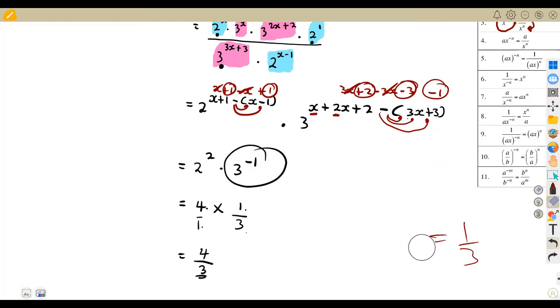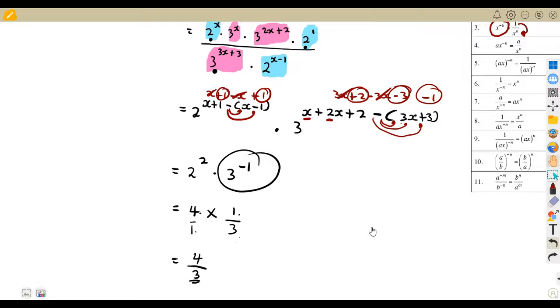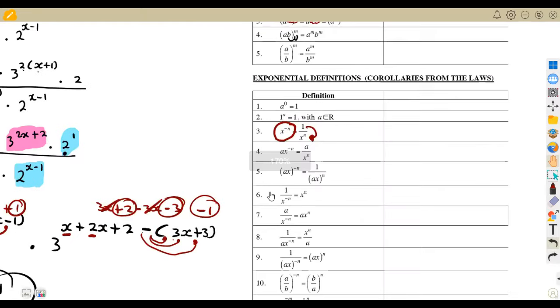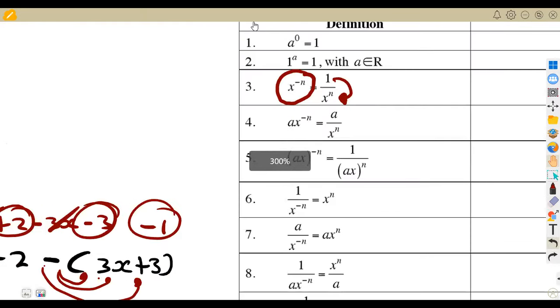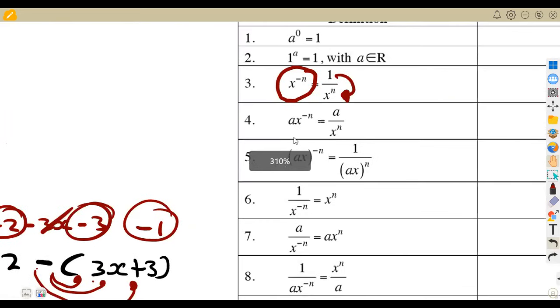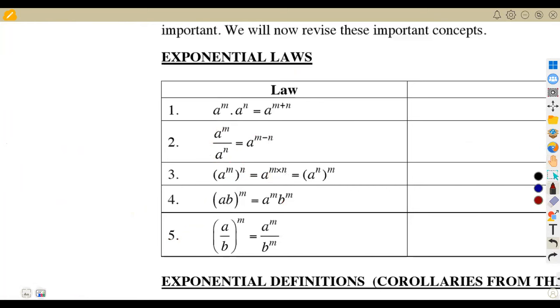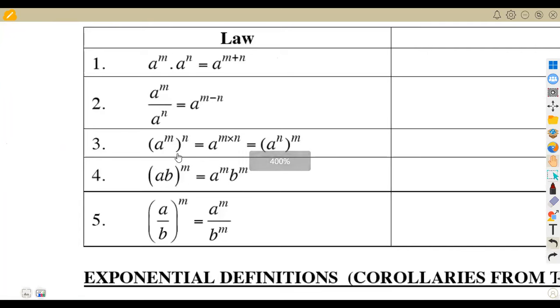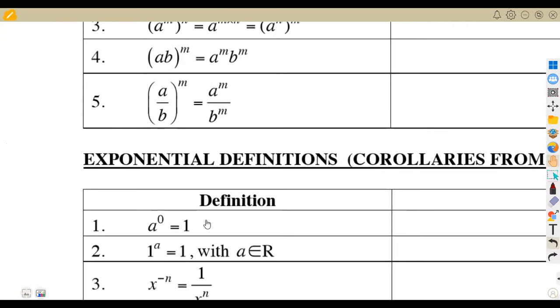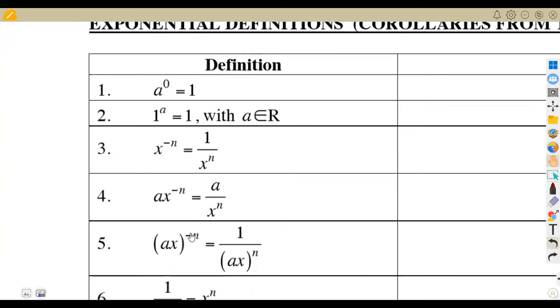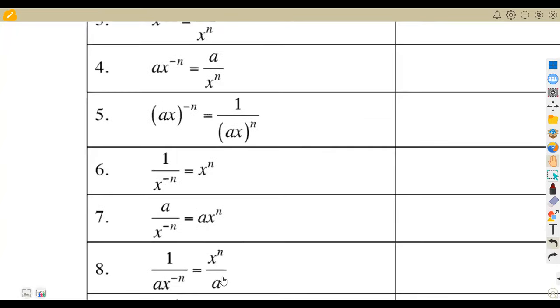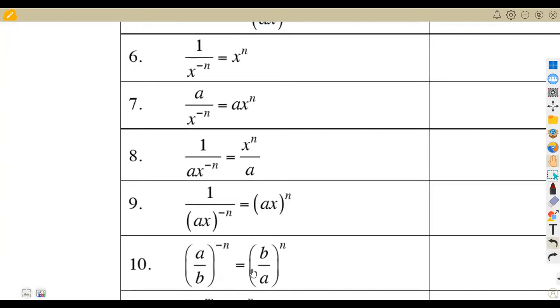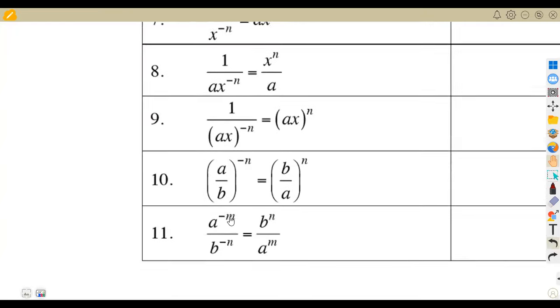So make sure you go through each and every law and also the definitions of your exponents. From your laws to the definitions, make sure that you go through each and every part that you're given, all the laws that you're given, and apply them. Each and every law is used. All the definitions here that we have are applicable one way or the other. You're going to see where it is required, where it needs us to apply these.